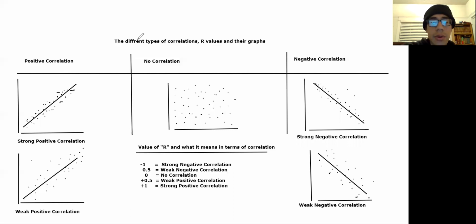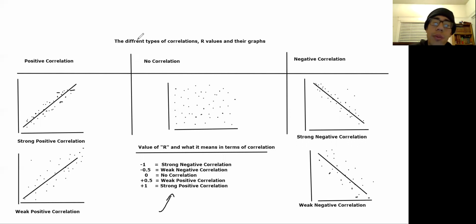There's a very long, complicated calculation to find something called an R value, and the R value just tells us how strong the correlation is. On the bottom here, I don't know if you guys can see it, I meant what the R value means in terms of correlation.